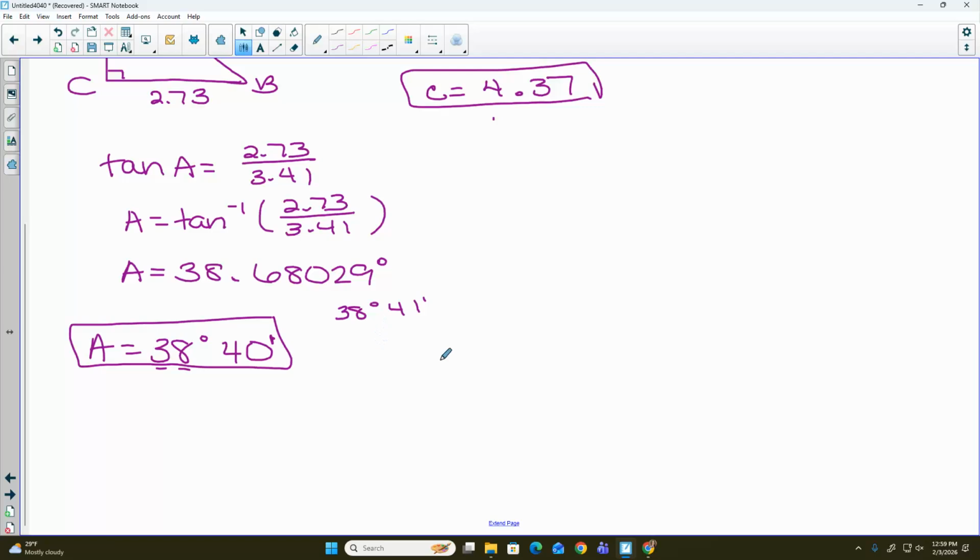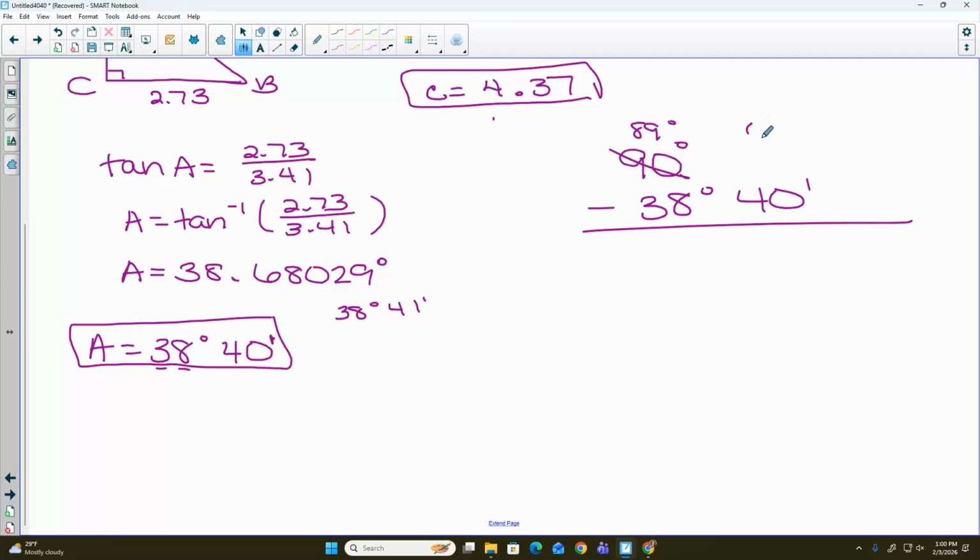How could I get angle B? You could do another trig function, opposite over adjacent again, or you could know A and B add up to 90, so you could do 90 minus that. So remember borrowing, this is 89 degrees, 60 minutes.